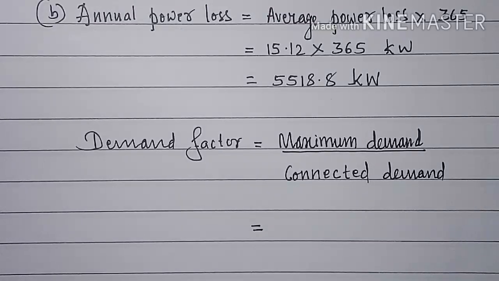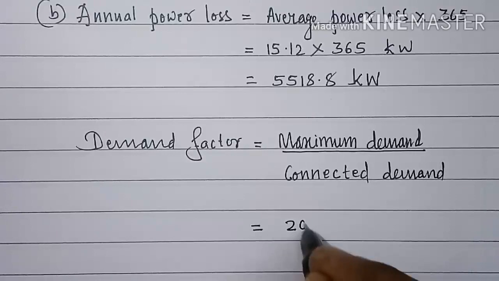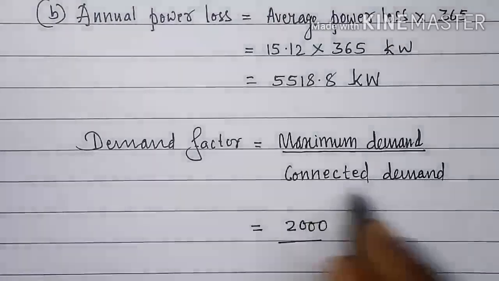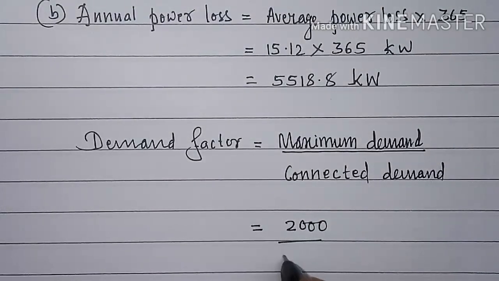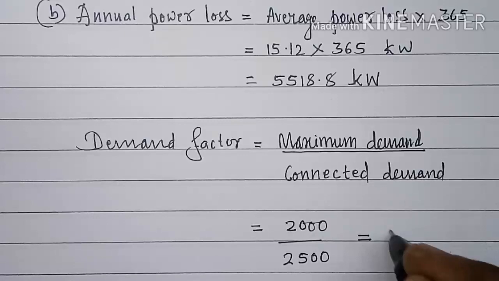That is equal to 2000 divided by connected load, which is given as 2500. That is equal to 0.80.